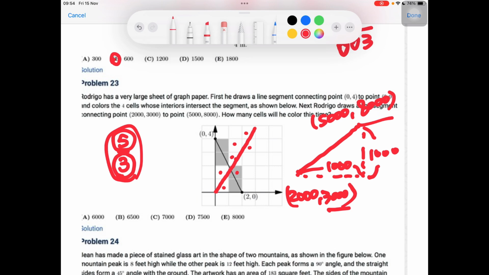So this is too thick. So whenever I make 1 unit, in 1 unit, I need to color 7 squares. 1, 2, 3, 4, 5, 6, 7. So altogether, I need to color 7000 squares.